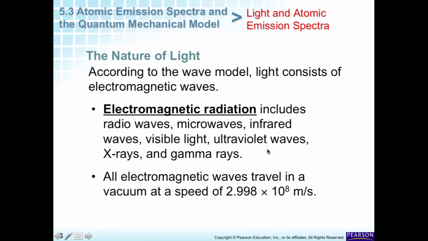So what is light? Light is a waveform, and it's part of what's called the electromagnetic spectrum, or electromagnetic radiation. Other things that travel at the same speed as light are radio waves, microwaves, which you know from your ovens, infrared waves, visible light waves, ultraviolet waves, X-rays, and gamma rays. Now, light travels at a set speed.